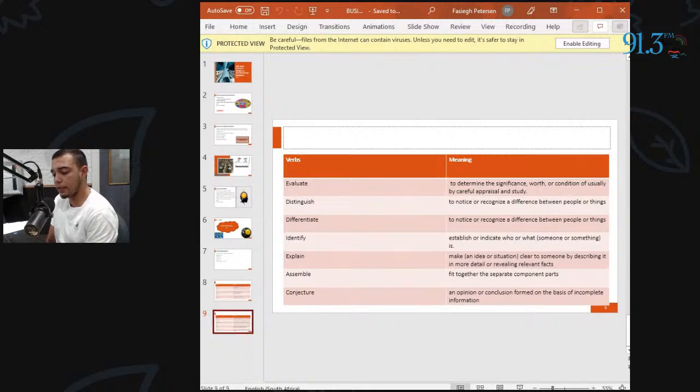If they ask you to name something, that is for 1 mark. Anything else that is for 2 marks is where you have to now explain. So identify, differentiate, those are all for 2 marks. Some are for part marks, meaning where you have to give an answer and then give a reason as well, and that's how you get your 2 marks.